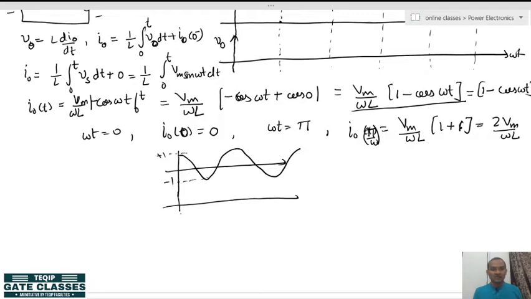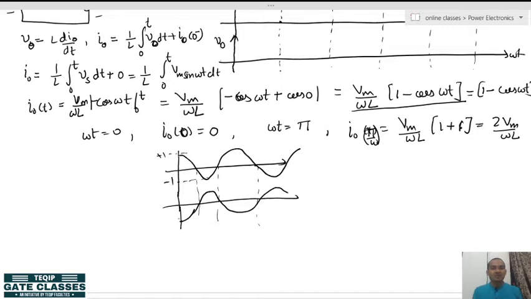So, it will be like this. Sorry, my wave is not so accurate here, but just to make the concept clear, it will be like this.